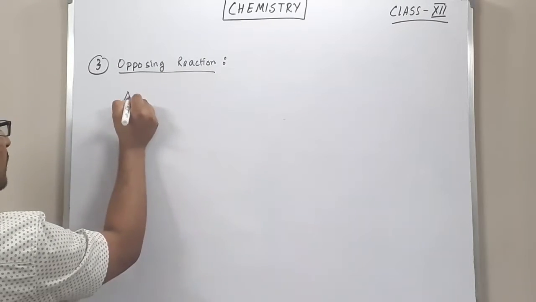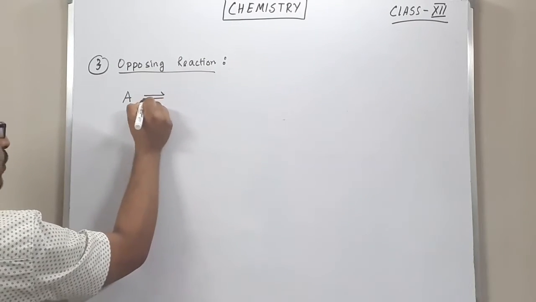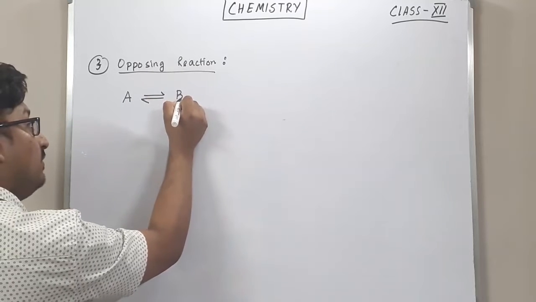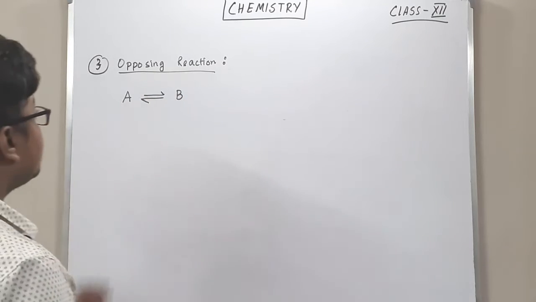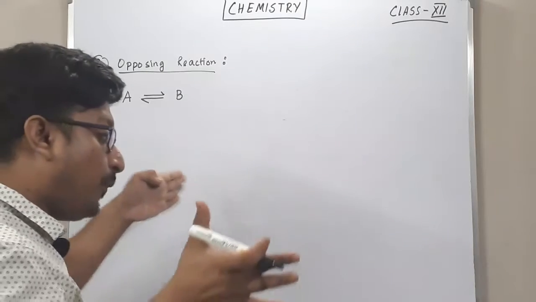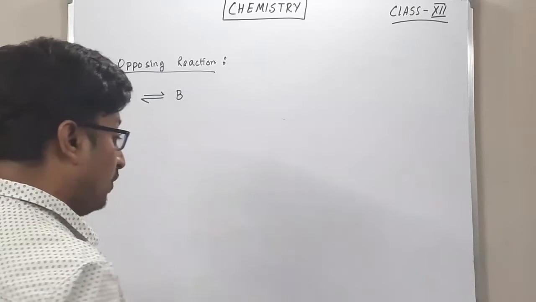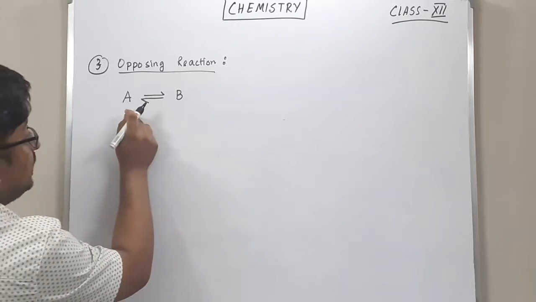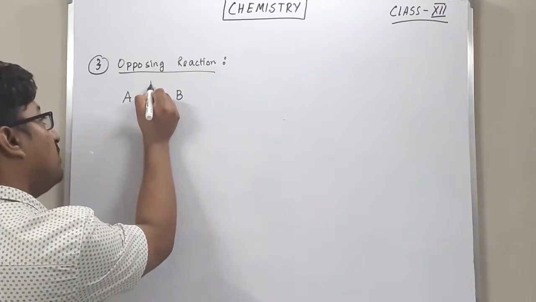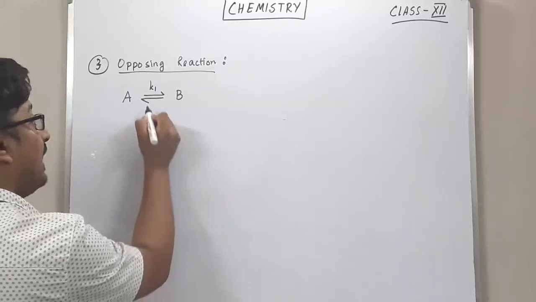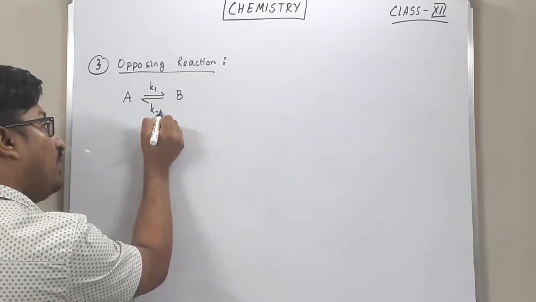So, for A, we will give a reversibility sign because A and B will oppose each other. This is the reversibility sign, which you all know. So there will be a forward rate and a backward rate.